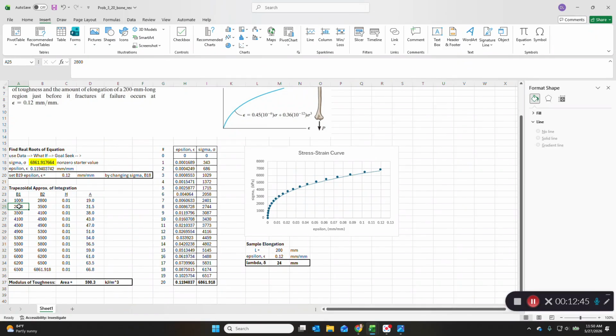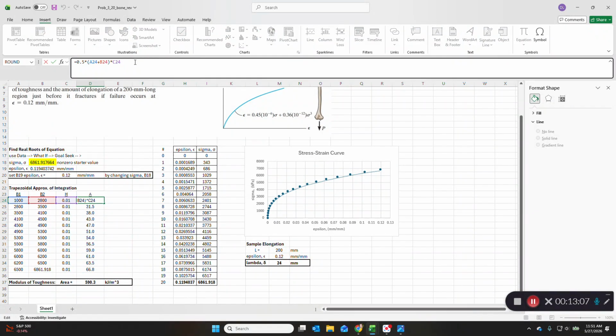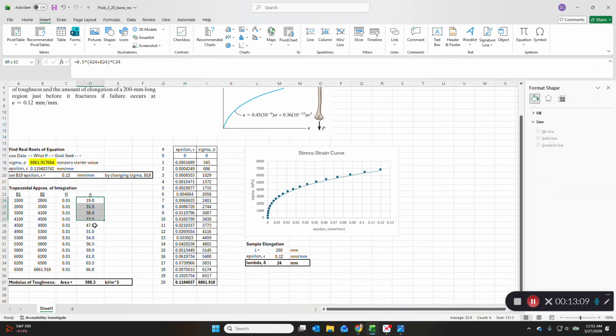That means that this is the next B1, 2,800, and then for the second trapezoid, it looks like the B2 is about 3,500. And go on, each B2 is equal to the next B1. So that's something you could easily enter into Excel. The heights are all the same, and the area of a trapezoid is 1/2 B1 plus B2 times the height. So you just simply add up all the areas and you get 590.3.